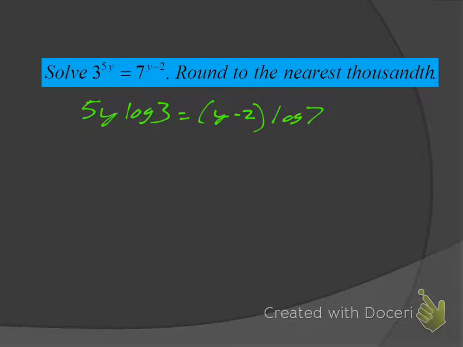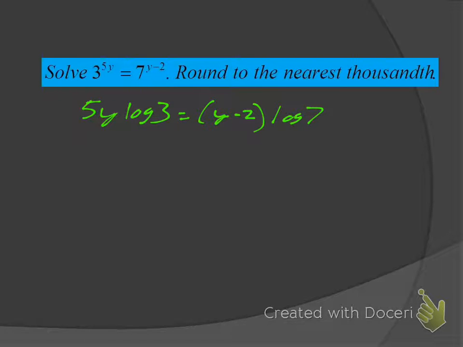Now, biggest difference between this problem and the problem prior is what? There's two exponents, and both those exponents have your variable, your y, in them. So this is where you cannot divide by log of 7 next. Because it gets it to the denominator, and you'll see why in a little bit, because it causes us more of a mess.